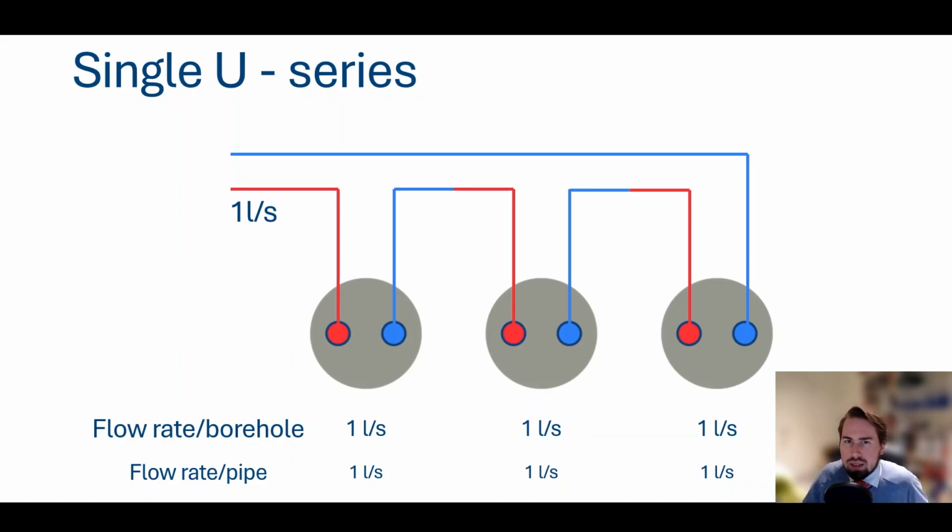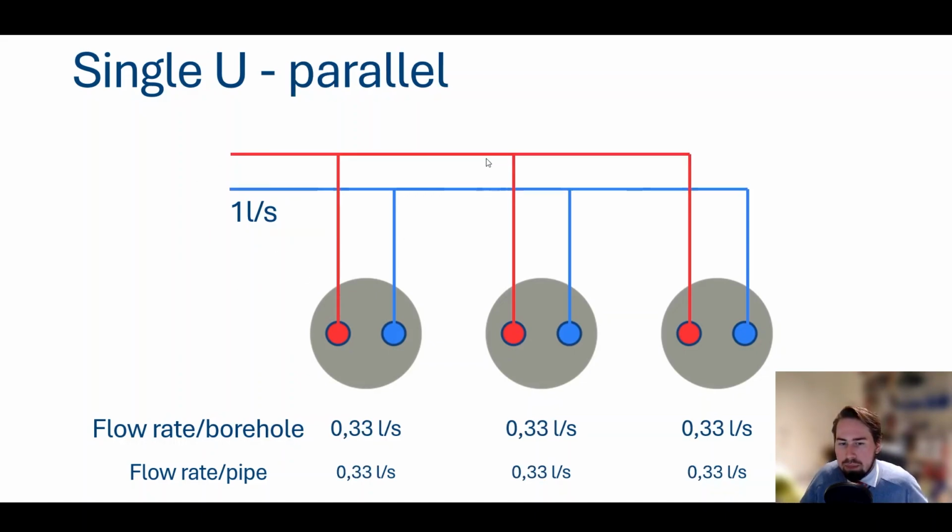So why is this difference important? Well, it has to do with the borehole thermal resistance. So when you increase the mass flow rate of your borehole, chances are that you will end up with a turbulent flow regime which has a better heat transfer. So if we have the same system with 1 liter per second in parallel, we only get around 1/3 of the flow rate through each borehole, and perhaps that's not quite enough to receive turbulence.